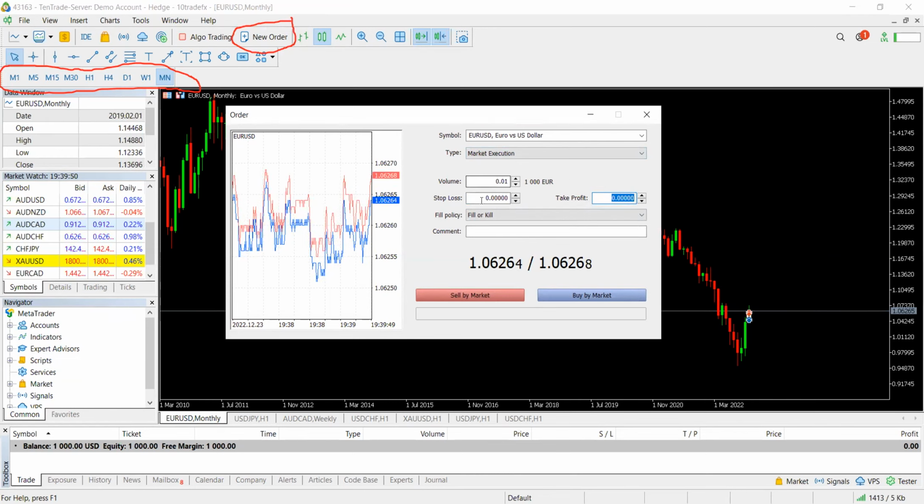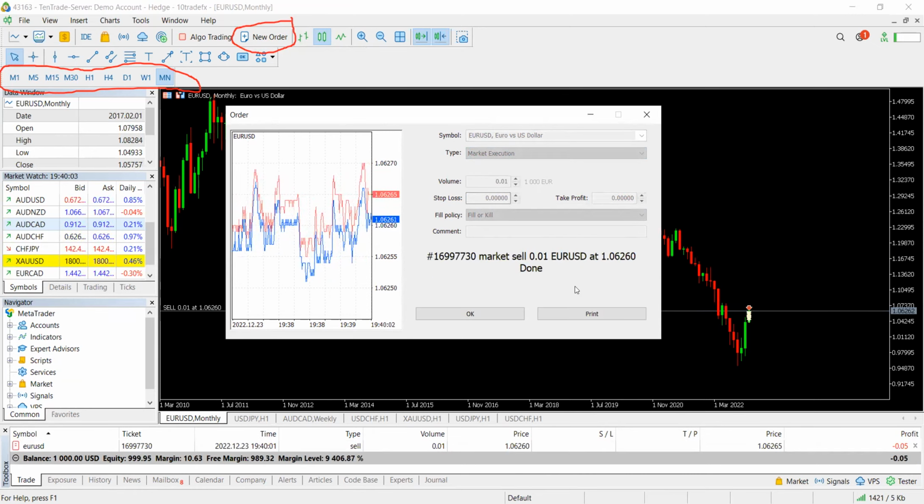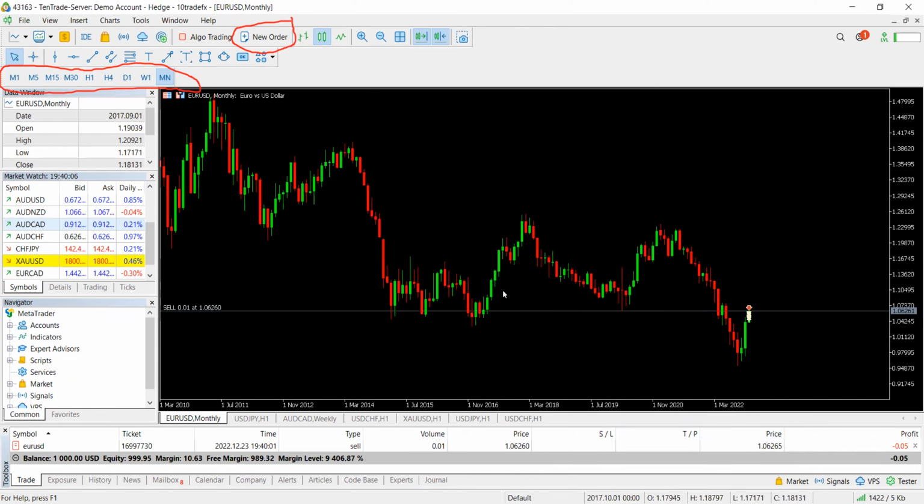So let's assume that you've set your stop loss and you've set your take profit. The next thing is to sell or buy. So let's say we want to sell. What you do is just click on Sell by Market, and then immediately you'll be quoted into this trade. Over here, you see how your trade is running. You see it at the bottom right here.